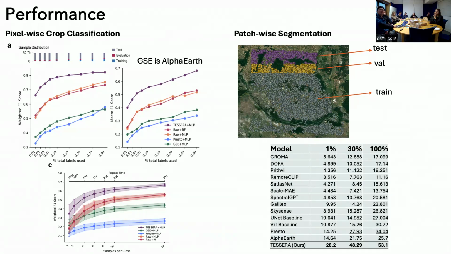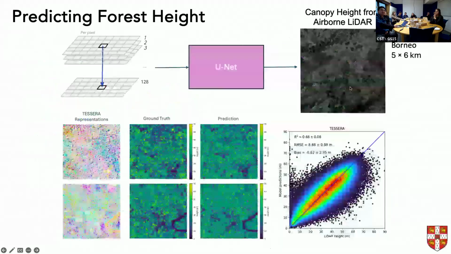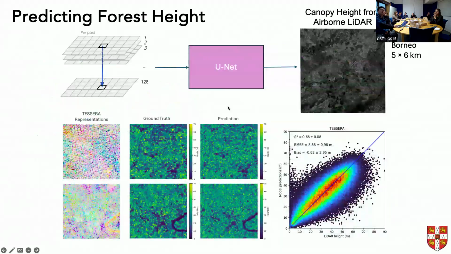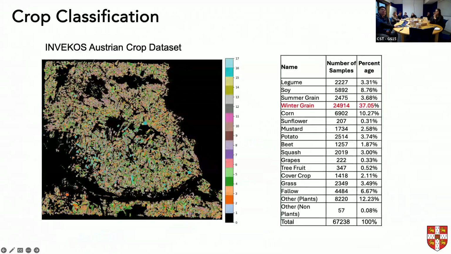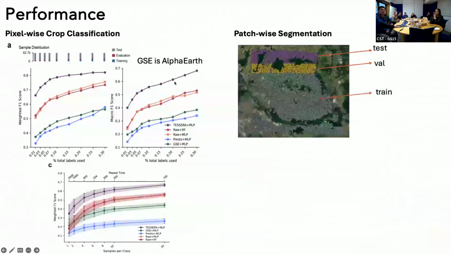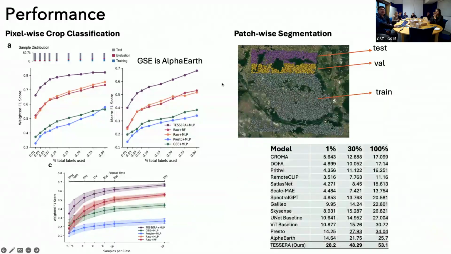Once you have these patches, you can put them into a spatial model, let's say a UNet, for spatial feature extraction. So there are two ways you can do it: either you extract all the pixel-level embeddings, or you create patches like this. These are the two alternatives that you can have.